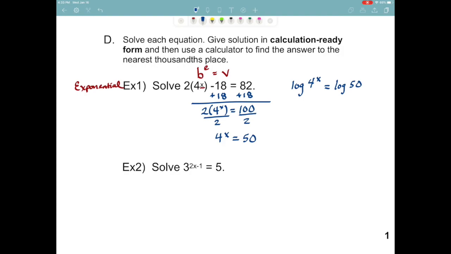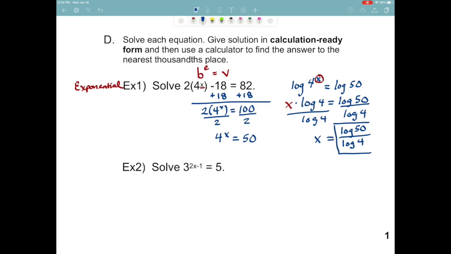We'll use our power property here, move our x out in front, so we have x times the log of 4 equals the log of 50. And then when we divide each side by the log of 4, we're going to end up with x equals log of 50 divided by the log of 4.